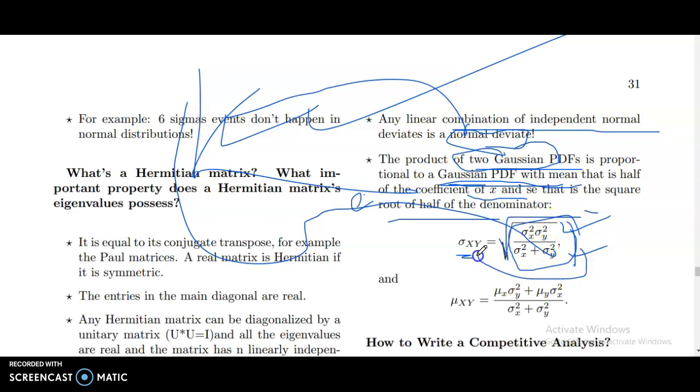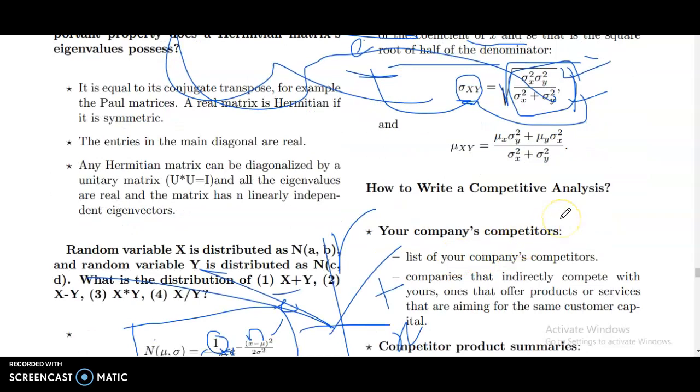That is here sigma xy. Got it. Okay, xy total. And mu xy equal to mu x sigma square y plus mu y sigma square x, divided by sigma square x plus sigma square y.